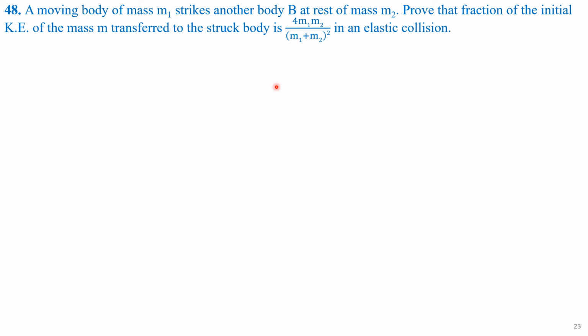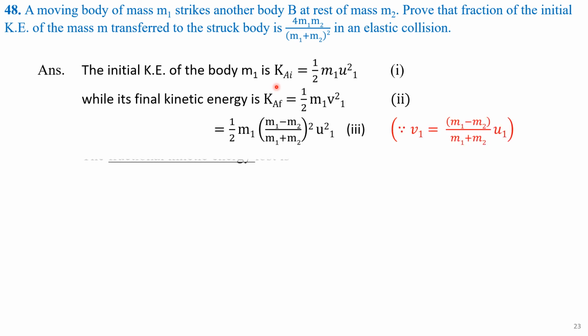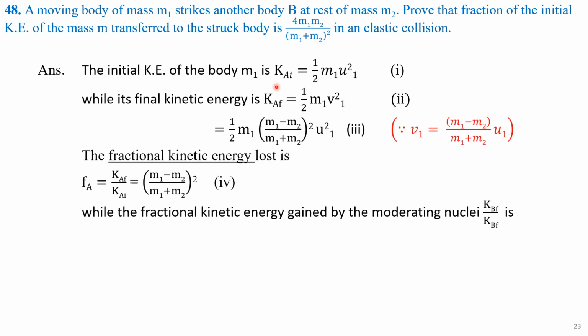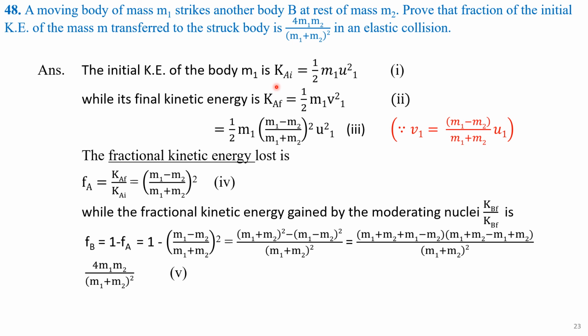Please note you have to answer and explain all the notations used in the answer part of our question. Hence, it is proved that in the last step, for M1 to B, the transferred energy is 4 M1 M2 divided by (M1 plus M2) whole square.